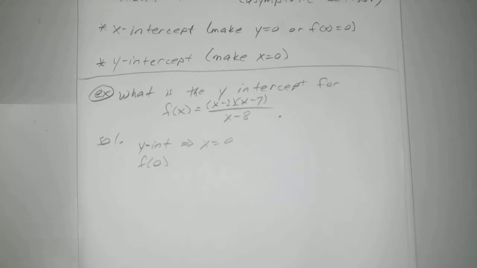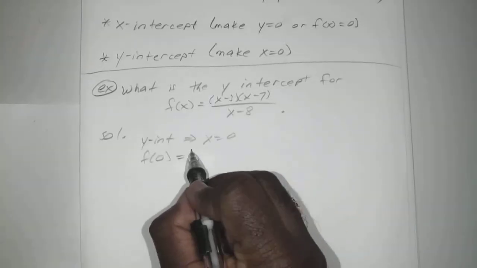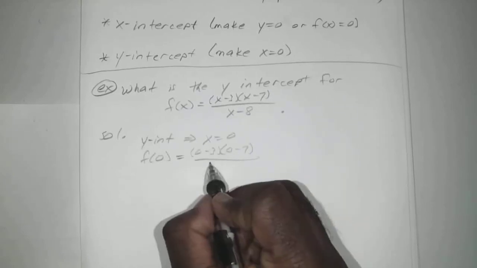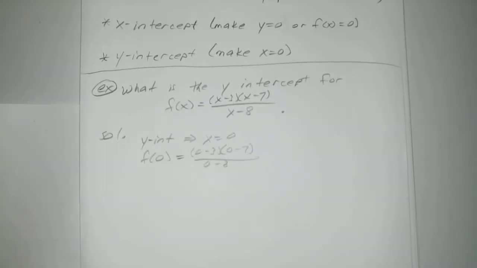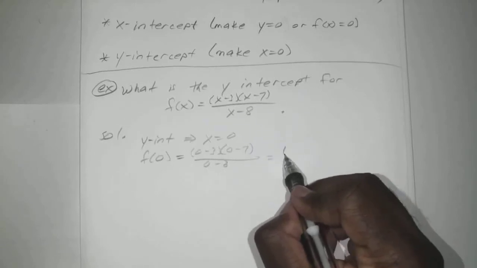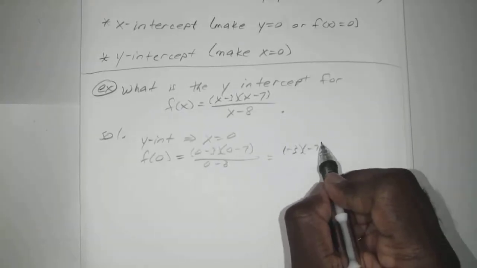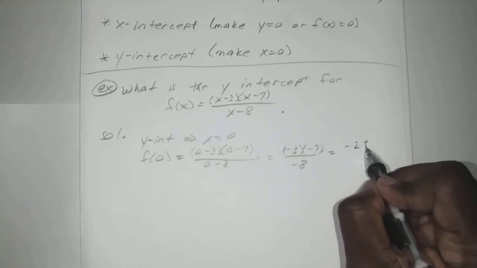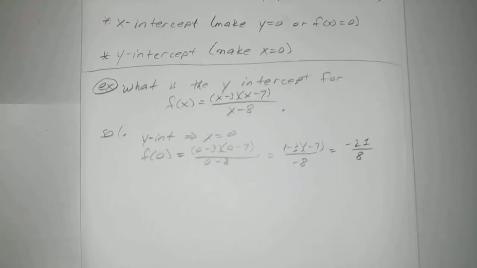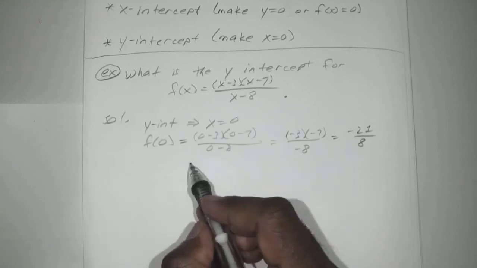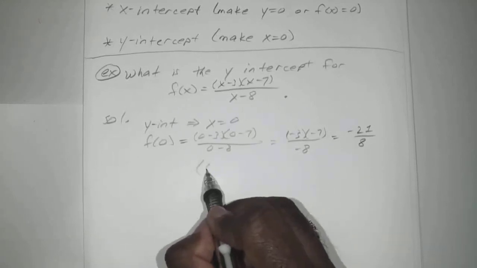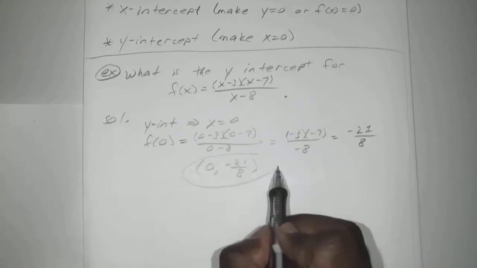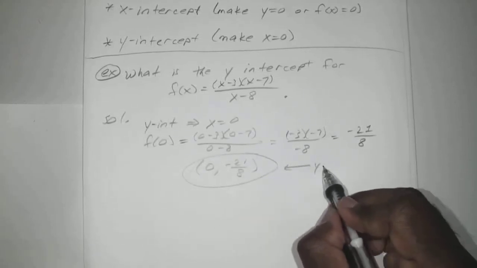So f of 0 is equal to 0 minus 3 times 0 minus 7 all over 0 minus 8, which becomes negative 3 times negative 7 all over negative 8, which is negative 21 over 8. Our actual y-intercept point is 0, negative 21 over 8.